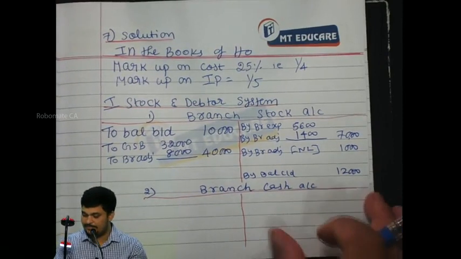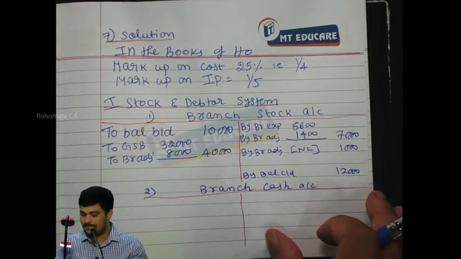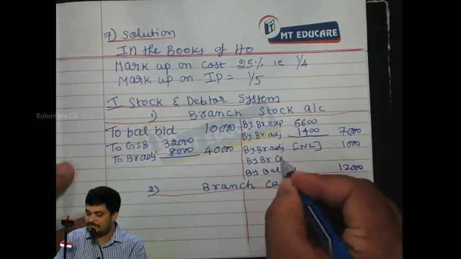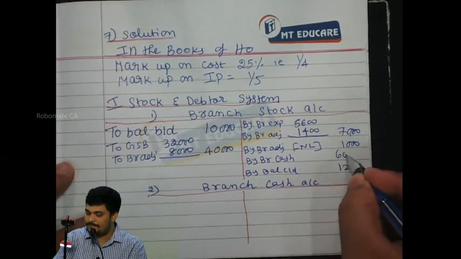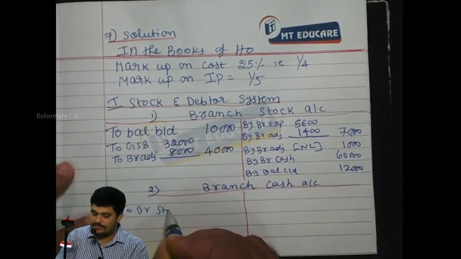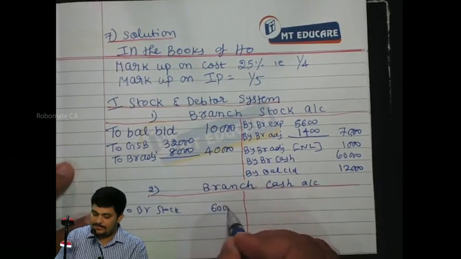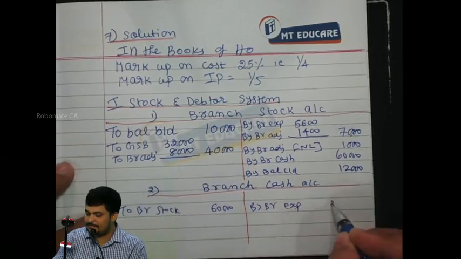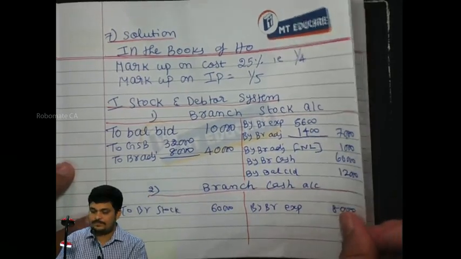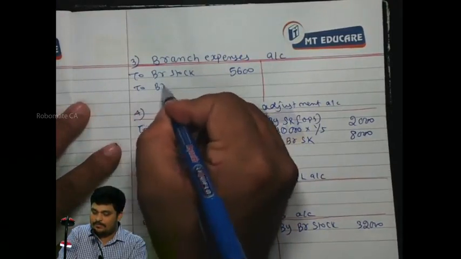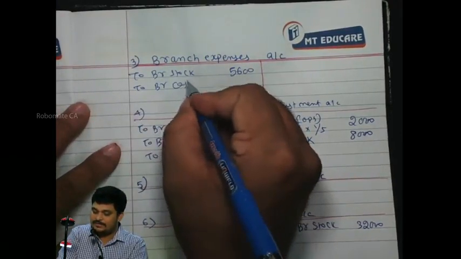Then sales, by branch cash, to branch stock. Next, by branch expenses, to branch cash.